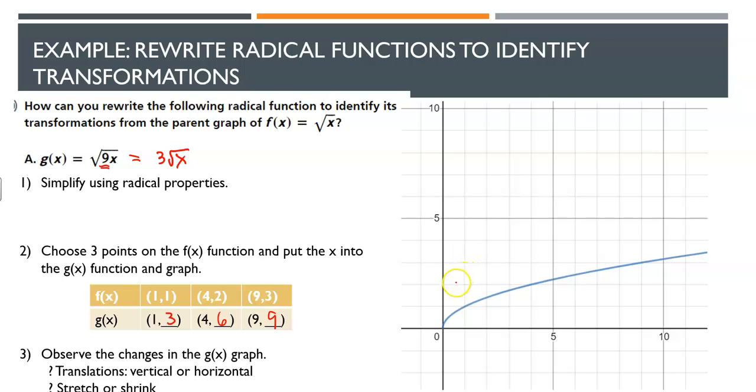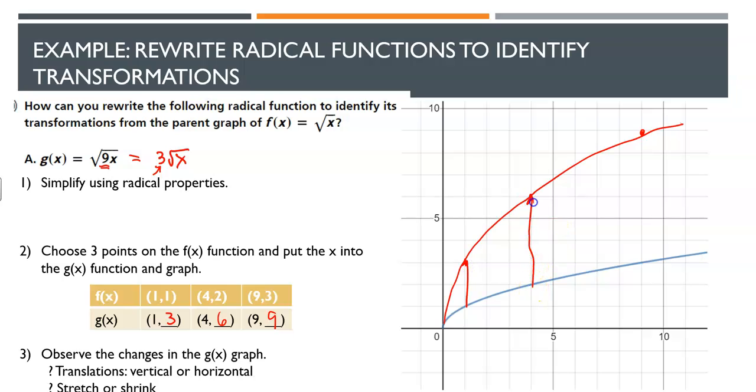Let's go ahead and look at 1, 3, 4, 6 would be up here, and then we have 9, 9. All right, so we've got those points. Now, when we have this a outside, we call that a vertical stretch, because sure enough, look what's happening here.